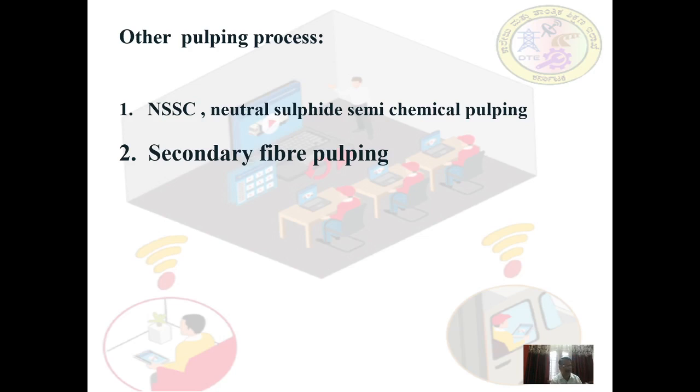Then the third method is rag pulping. Here, rag pulp is the oldest material used for making paper, and material still used in the finest grades.